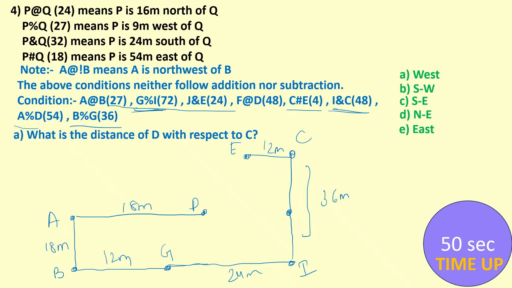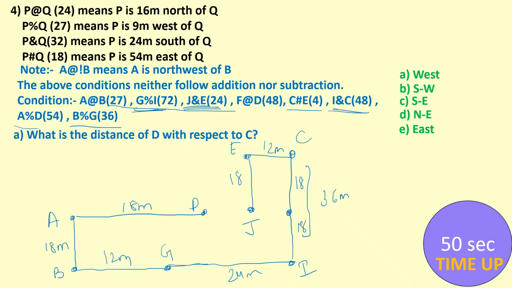Next, J and E you can take now. J is to the south of E by 18 meter. So here it will be, because this is also 18, this is also 18, correct? So 18 meter here, and here is your J, correct?